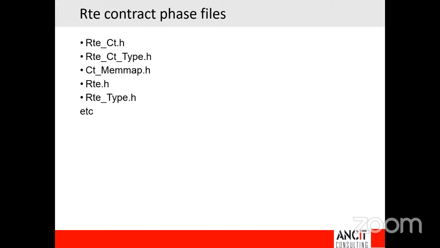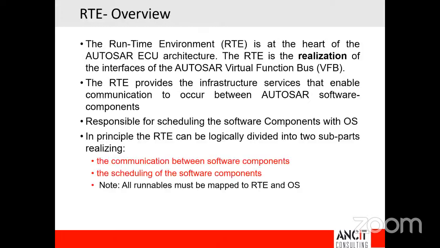So it is not just one .c file and one .h file. There will be n number of .h files generated along with this RTE.c file. This is just an example of how the RTE contract files will look.